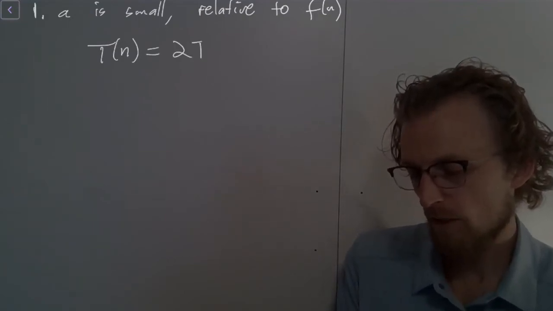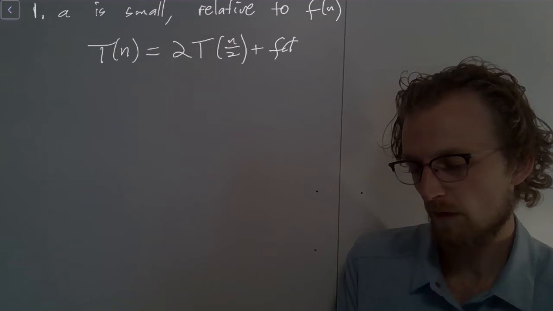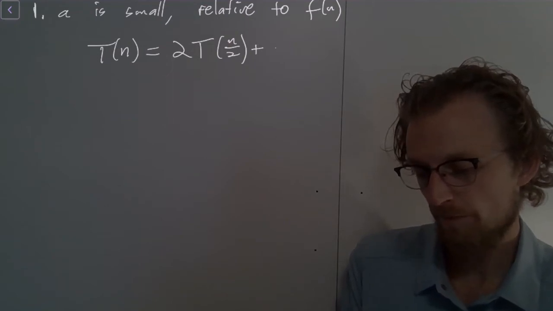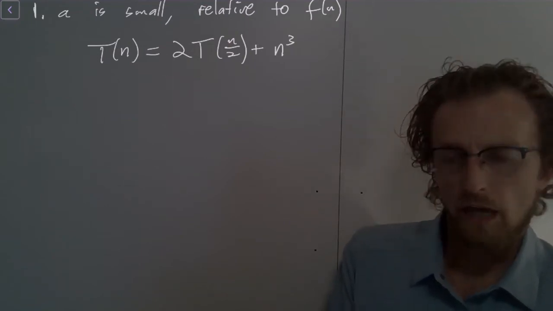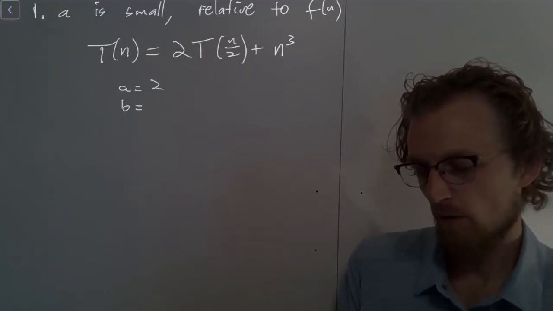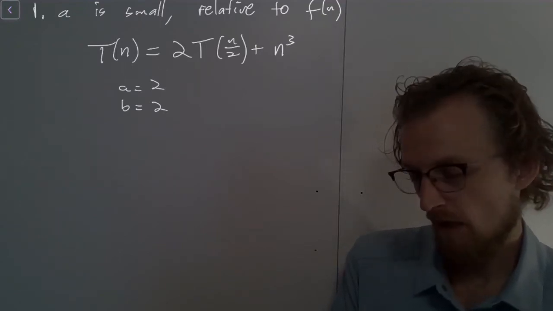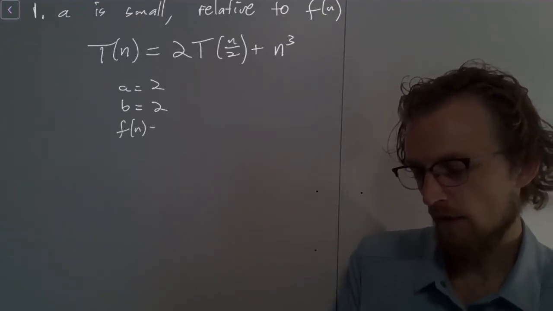So the recurrence relation is 2 t of n over 2 plus, excuse me, not just any f of n, but n cubed. Okay, so what is our a? Well, a is 2. We have 2 recursive calls, right? b is 2. We're cutting the input in half every time. And our f of n is n cubed.